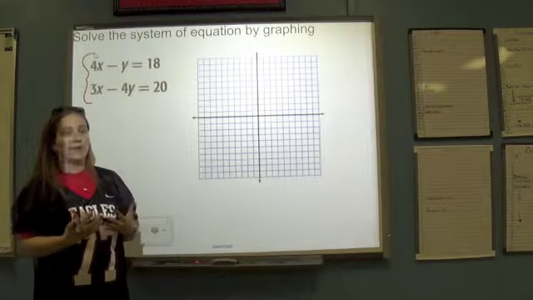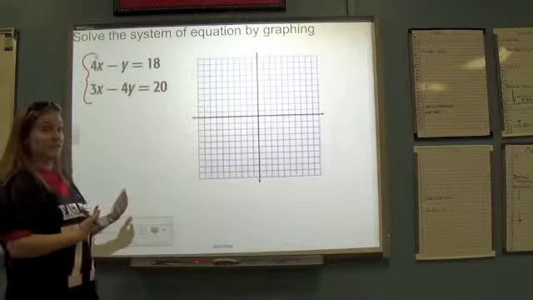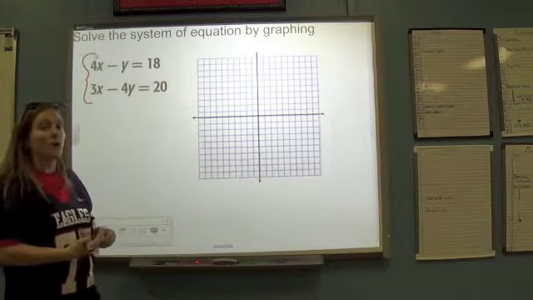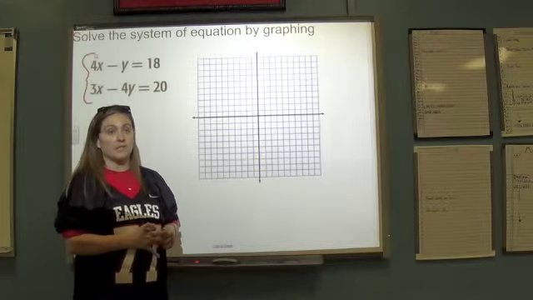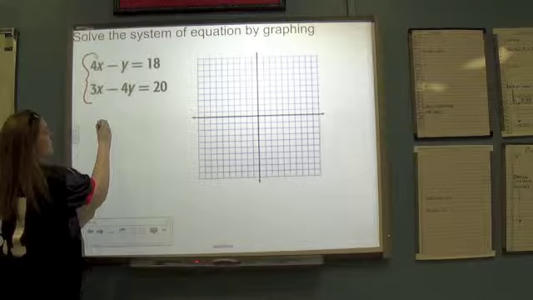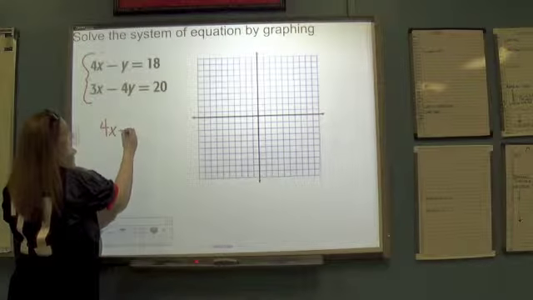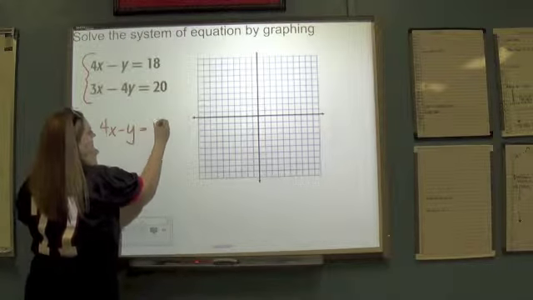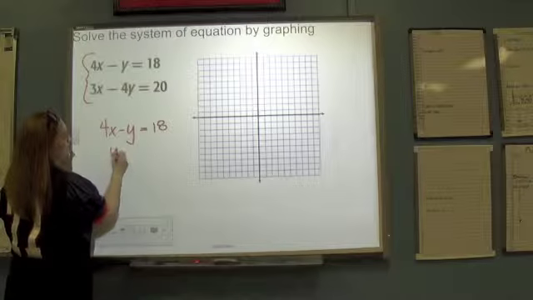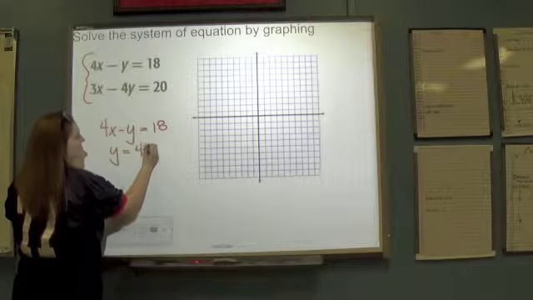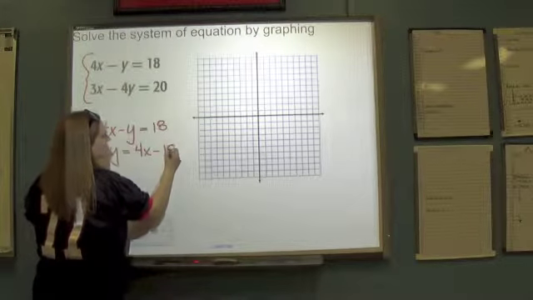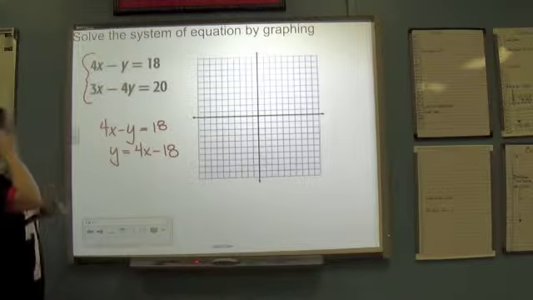Now, you can do this a couple ways. You can graph them looking at them like this, or you can set them equal to y, slope-intercept form, y equals mx plus b. So for 4x minus y equals 18, if I solve for y, that's y equals 4x minus 18. So we go to graph.